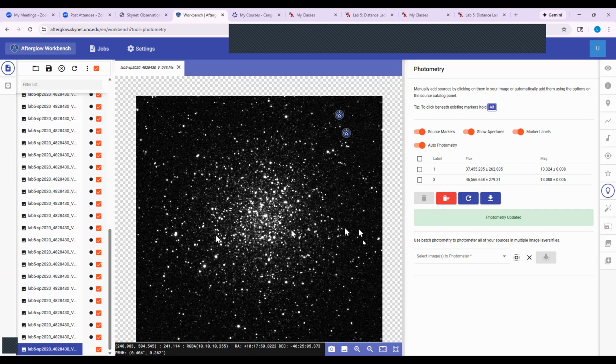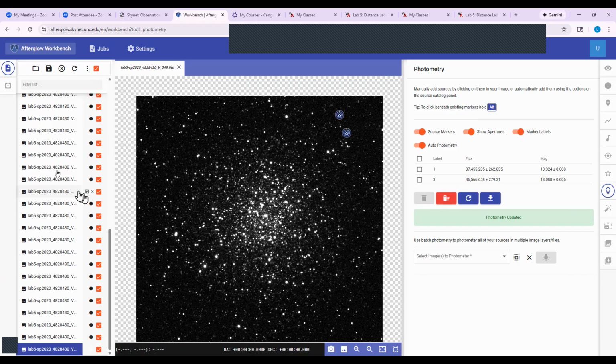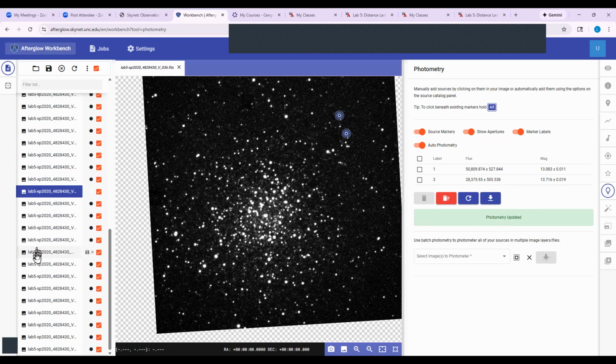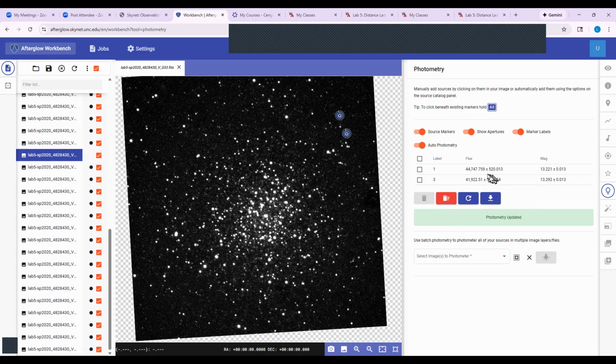I think everything is set up. Then whatever you need to do, for all of the values, for example, if you compare to this one, you see the orientation is changed, but the item that is chosen is there. And here is the magnitude of the reference file 13.1 and magnitude of the variable 13.4. Here it is different. The changes on the reference file are smaller, but the changes on the magnitude of the variables are larger. Therefore, remember the label 1 is the reference file and the 3 is the RR.